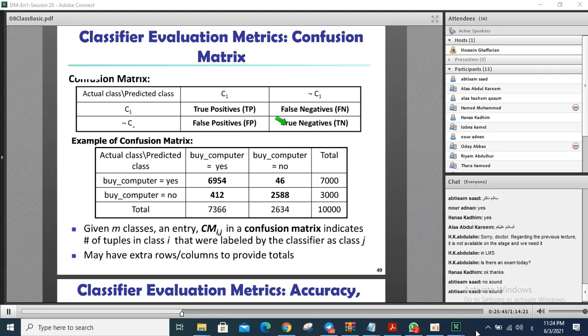And in true negative, the actual class is not C1, and I predict not C1.